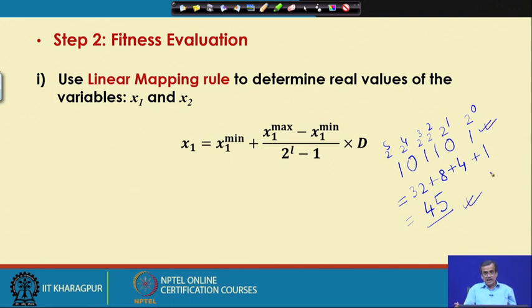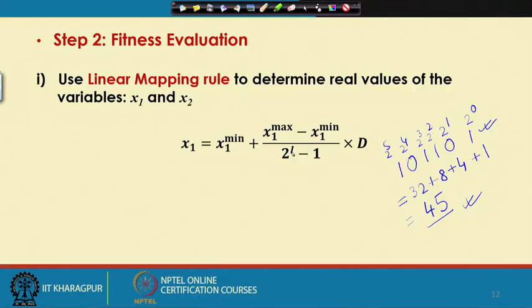So, this is the way you will have to calculate the decoded value. Once you have the decoded value, I can find out the real value provided x 1 minimum, x 1 maximum and l are known to us, using this linear mapping rule. So, I can find out the real value for x 1.